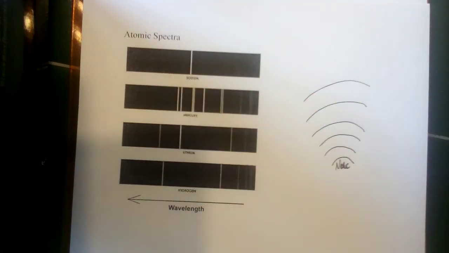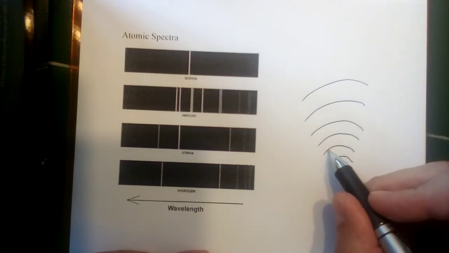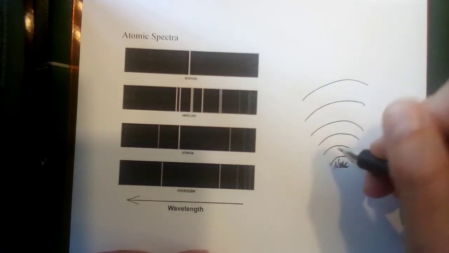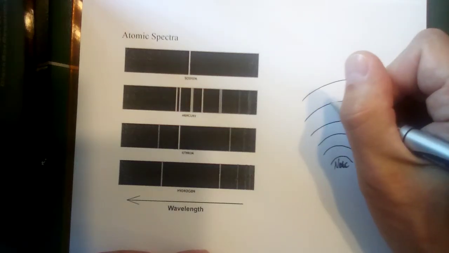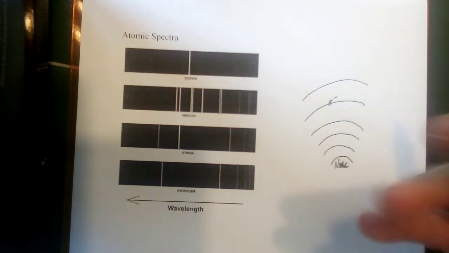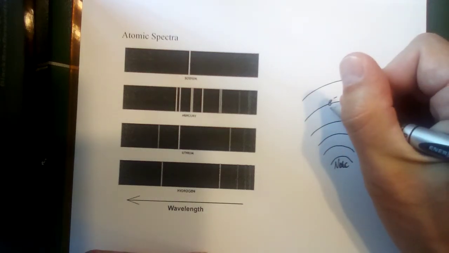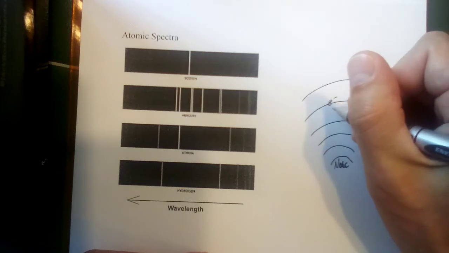So imagine, atomic spectra, we put some energy in. It could be from burning a sample. It could be from running an electric current through it. But maybe there's an electron that normally lives here in the lowest energy level. We run a current through and the electron moves up here to this higher energy level. Now, once that excitation, that electric current goes away, the electron has some possible things that could happen to it.